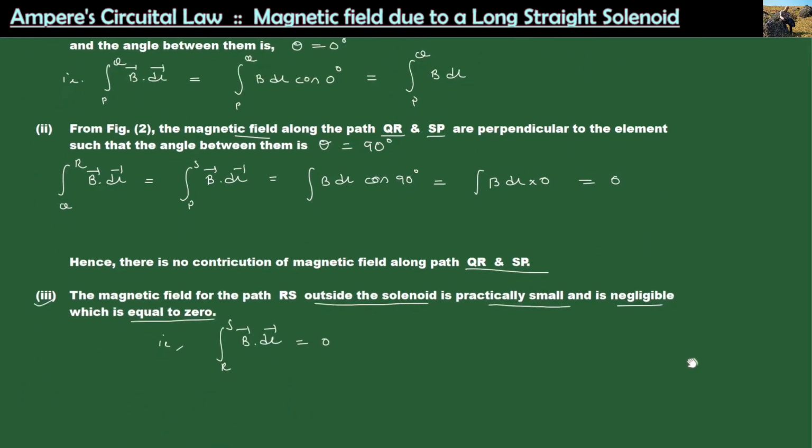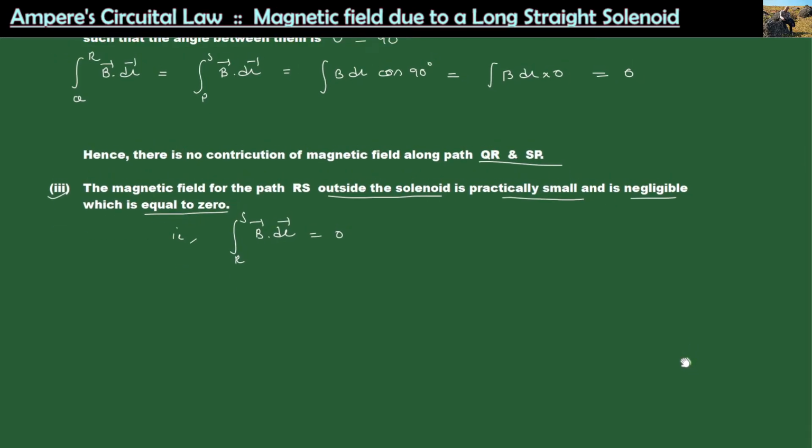From equation 2 it is clear, therefore equation 2 implies the line integral of B dot dl has only the contribution from P and Q.